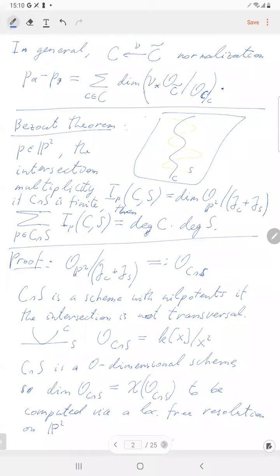So let's write this resolution. So I have this structure sheaf, and certainly it's the quotient of the structure sheaf of the plane, and there you have those two ideals, J_C plus J_S, and inside the structure sheaf of P2, those ideals certainly do intersect.